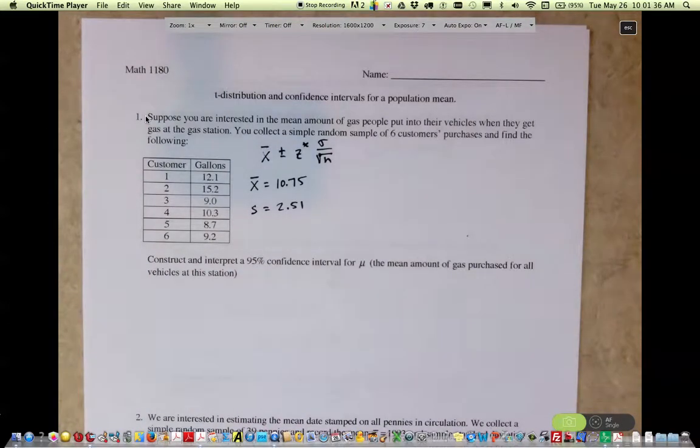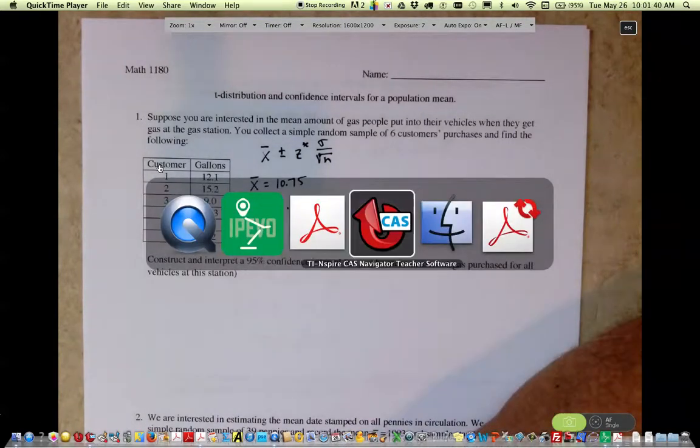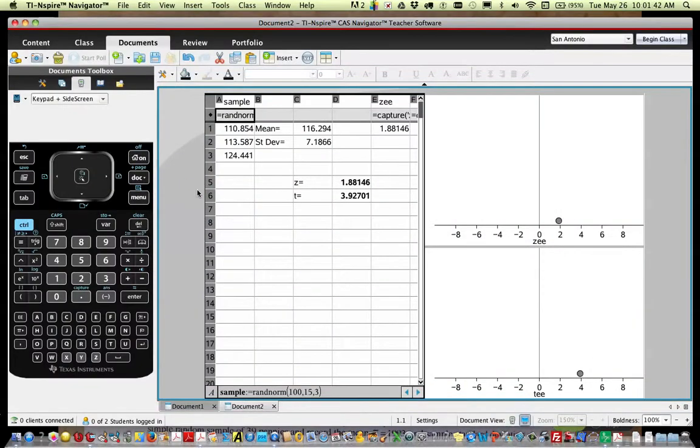All right, so I've got a demonstration here with some software, and I'm going to take a sample of IQ scores. Okay, and let's say that IQ scores are normally distributed. They have a mean of 100 and a standard deviation of 15.